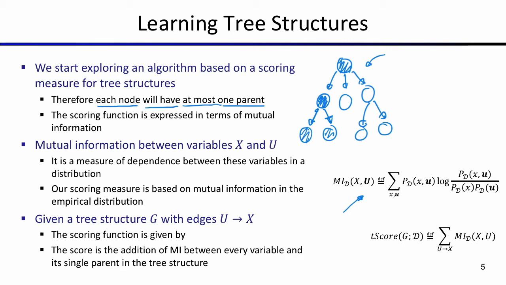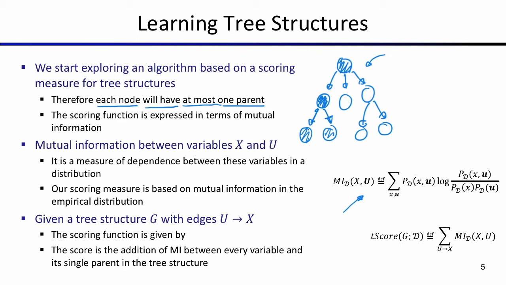When we remove one edge, we are making an independence assumption about the distribution. So it makes sense to measure the mutual information between the variables and connect the variables that have high mutual information, because those variables have a high correlation, they have a high dependency. And we can leave the variables that have low mutual information disconnected in the tree structure.